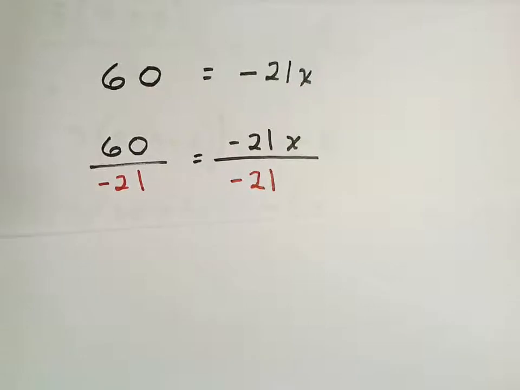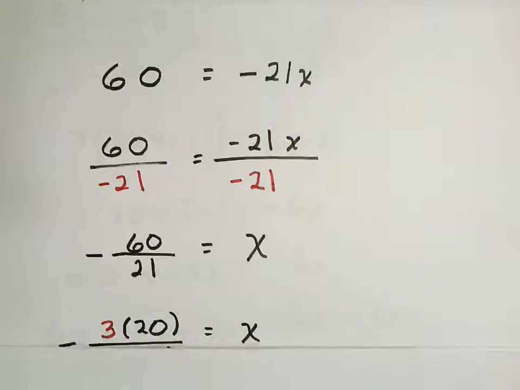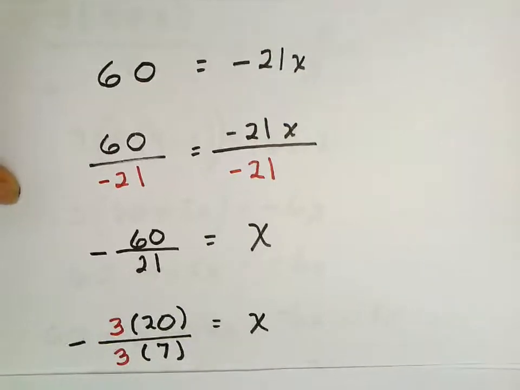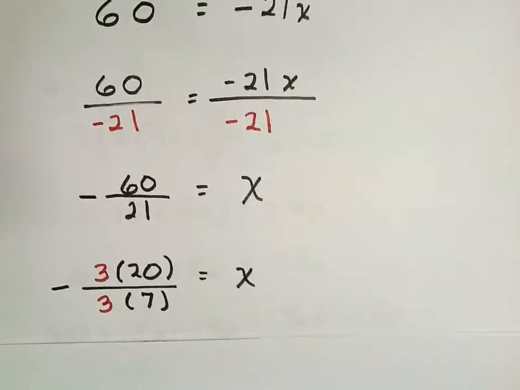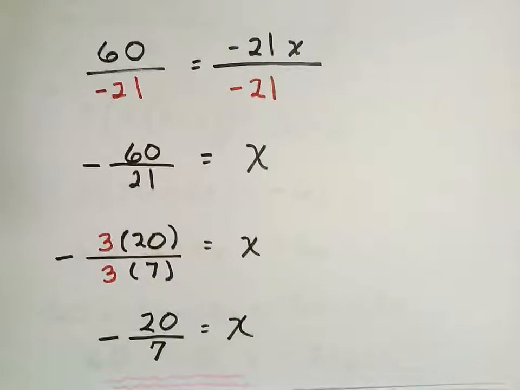Divide each side by negative 21 to undo multiplying by negative 21. We get x equals a negative 60 over 21. And we want to see if we can reduce this fraction to lowest terms. 3 times 20, 60. 3 times 7, 21. So that we have x is equal to a negative 20 over 7.